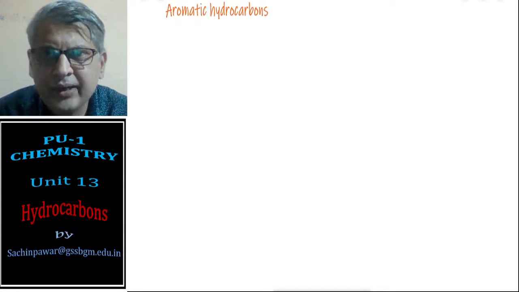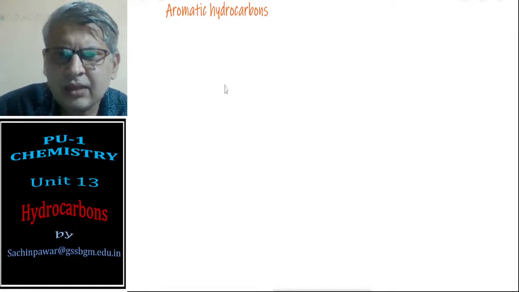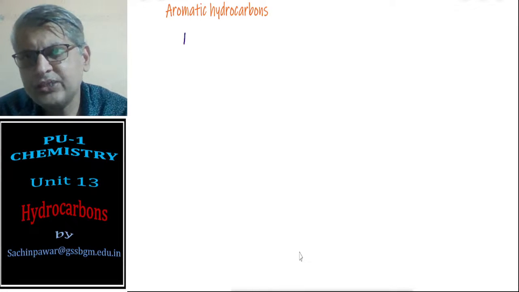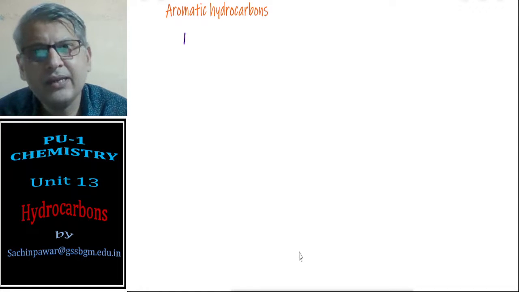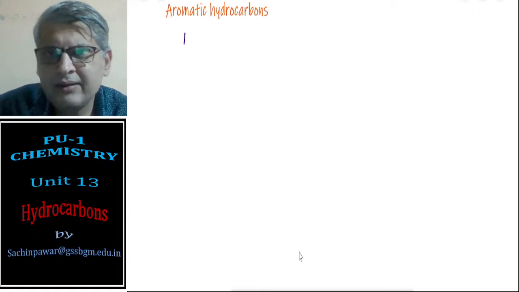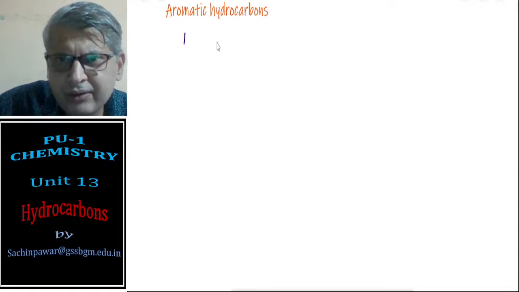Okay, aromatic hydrocarbons. As you are well aware, those are compounds that are either benzenoid or non-benzenoid, and you know that in your lower standards you have learned that those have a typical smell. We have plenty of examples for this. We have learned a few examples.